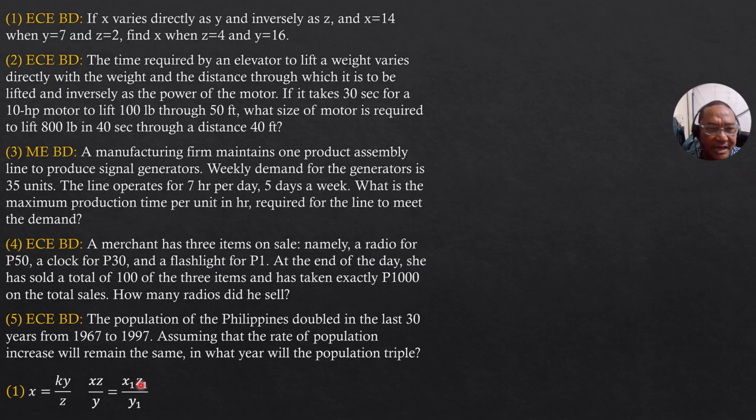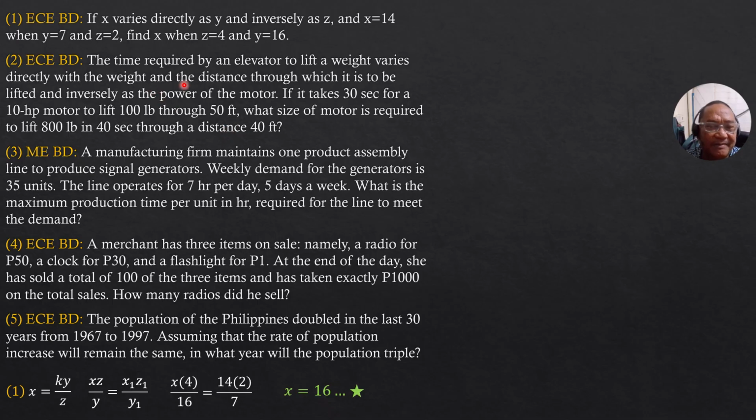So substitute: x times 4 over 16 equals 14 times 2 over 7. Solving for x, x is 16. So that's the answer to the first problem.